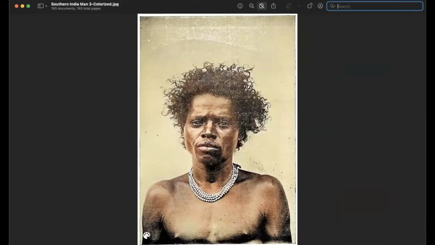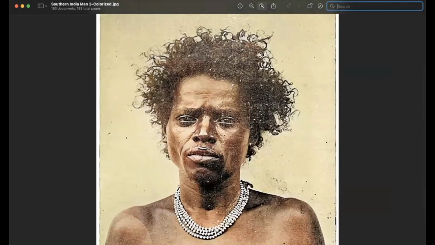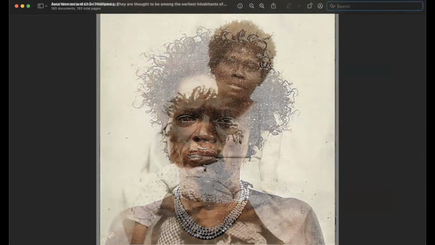And right here we have a Southern India man. India, right? Subcontinent India. It just told us the Spanish were grabbing people in the 16th and 17th century. That's the 1500s and 1600s. They were grabbing people like him, bringing them to Mexico and calling them Chinos.